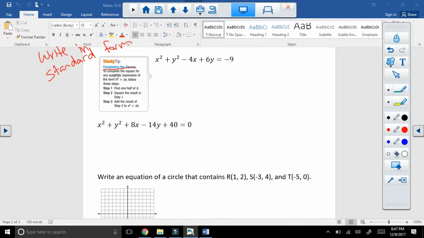To complete the square for any quadratic expression in the form x squared plus bx, we want to figure out what's going to make that a perfect square. Follow these steps. We find half of b, square the result, and then add that to our equation.